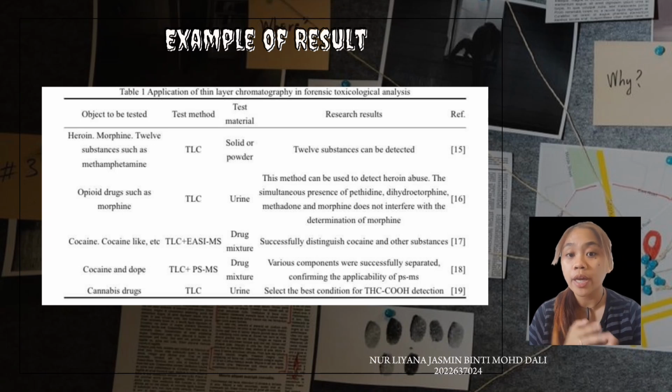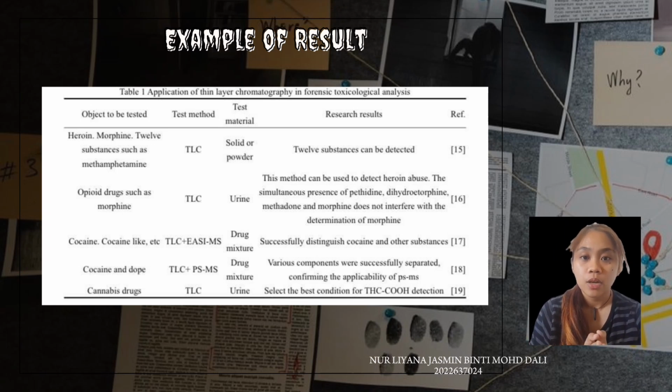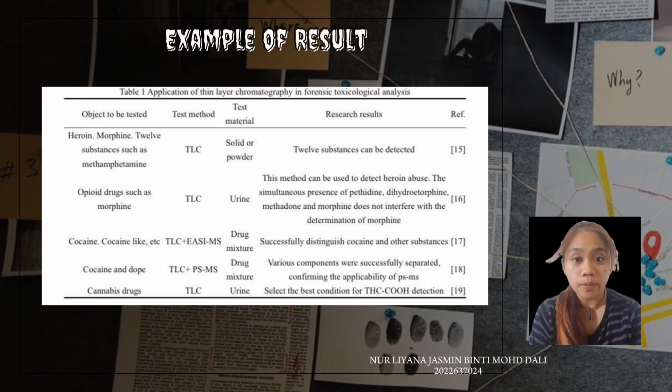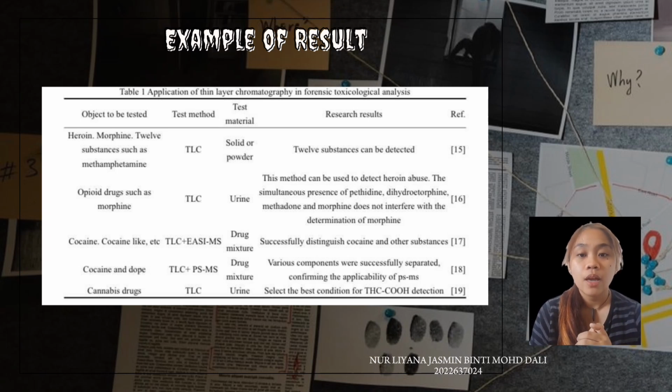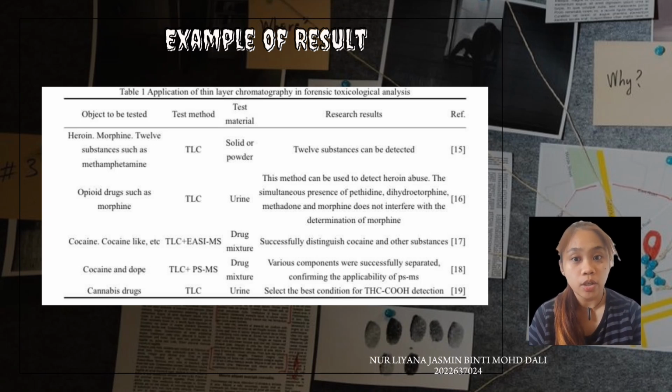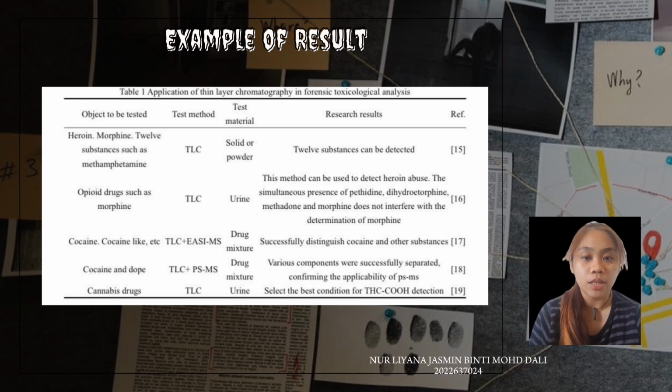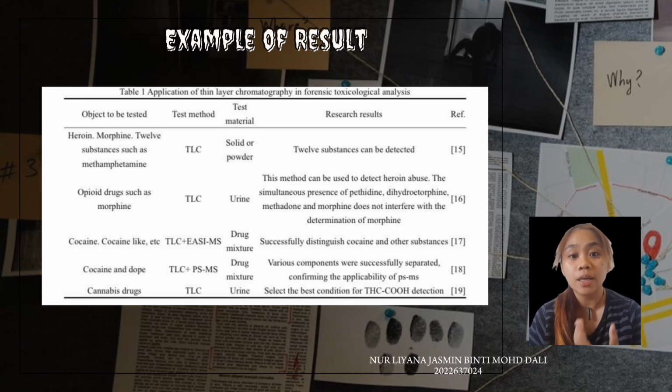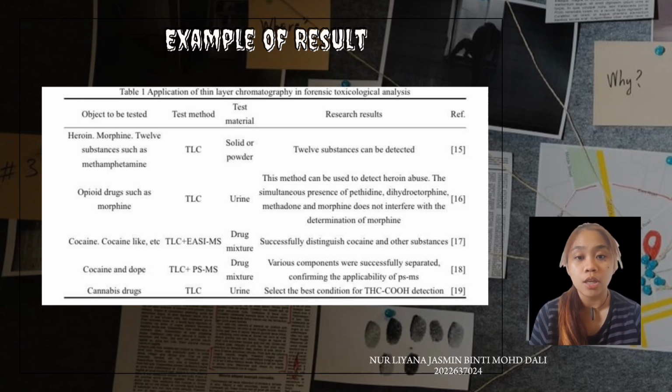For cocaine or cocaine-like drugs, we will use TLC and EASI-MS, which use a drug mixture that will successfully distinguish cocaine and other substances. For cocaine and dope drugs, we will use TLC and PS-MS, still using a drug mixture as our material, because the various components will be successfully separated, which confirms the applicability of PS-MS, which means the cocaine or dope and the drug mixture that you use will separate beautifully and you will get the result that you want.